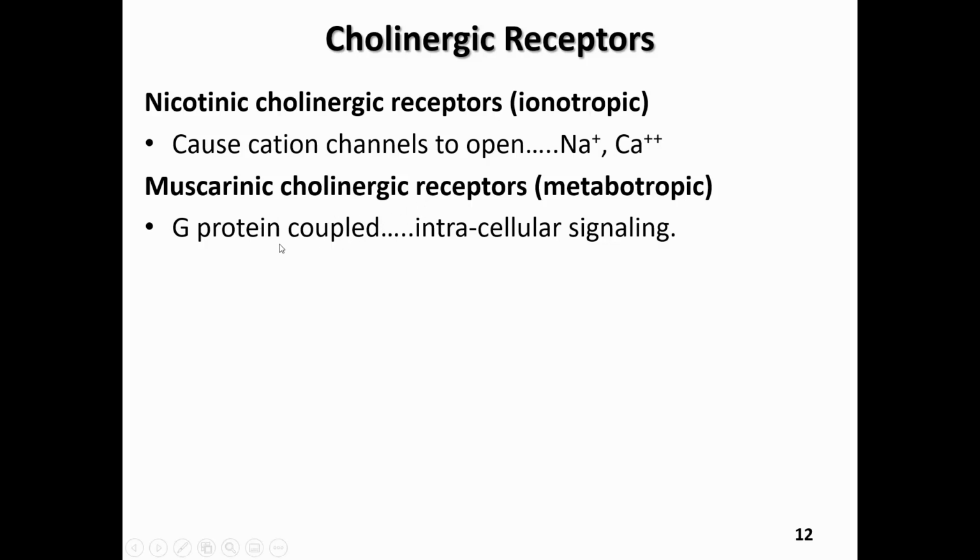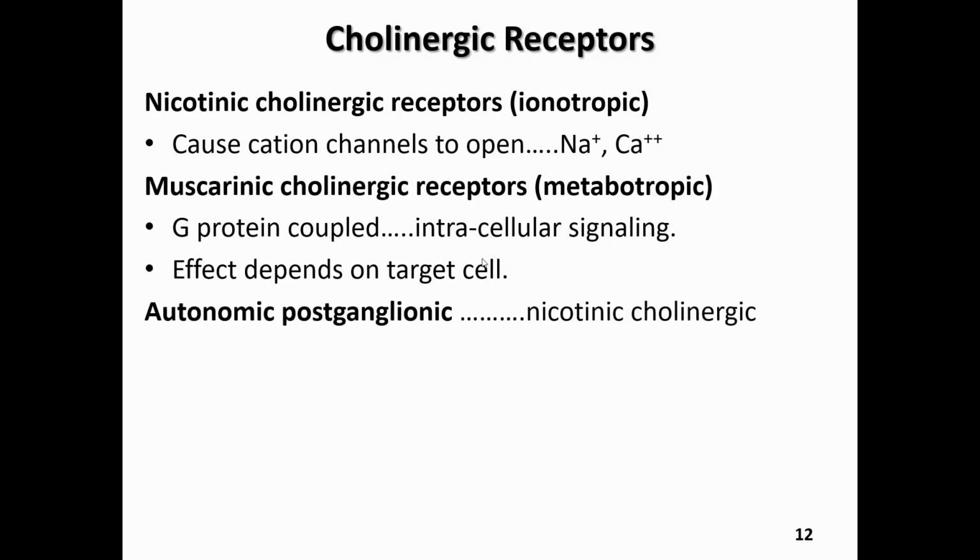G proteins are those contained inside the cell that are important for intracellular signaling. The activation of these types of cells will not cause the flow of cations, but will instead trigger an increase in certain metabolic pathways inside the cell. And the effect certainly depends on the type of cell.